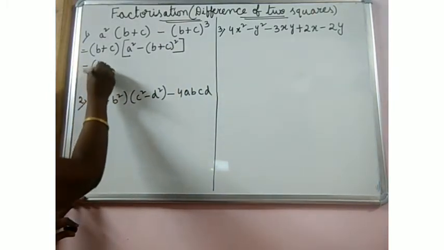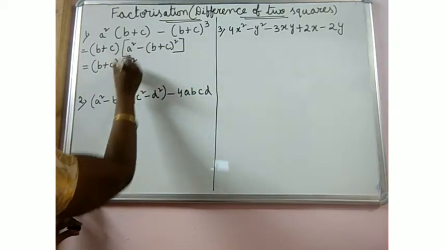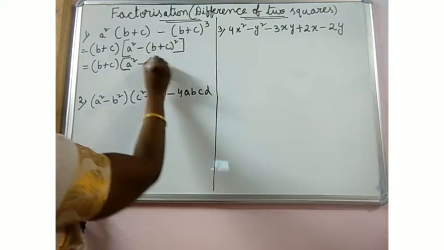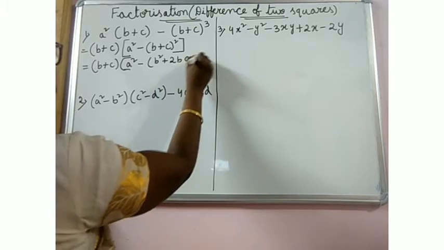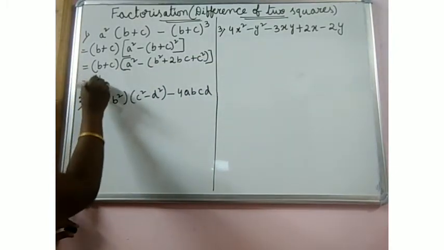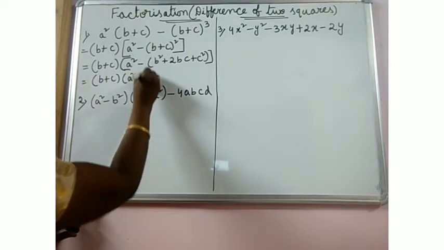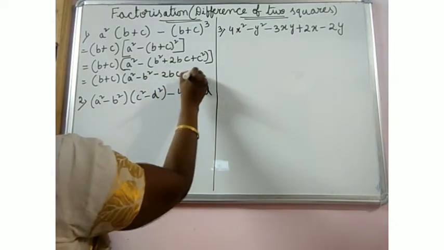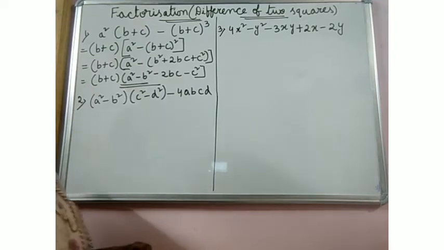That is equal to (b plus c) into, let us open the brackets, a square minus, it's like (a plus b) whole square. (b plus c) whole square is b square plus 2bc plus c square. Now let us open everything. (b plus c) into (a square minus b square minus 2bc minus c square). I hope this is clear to you.